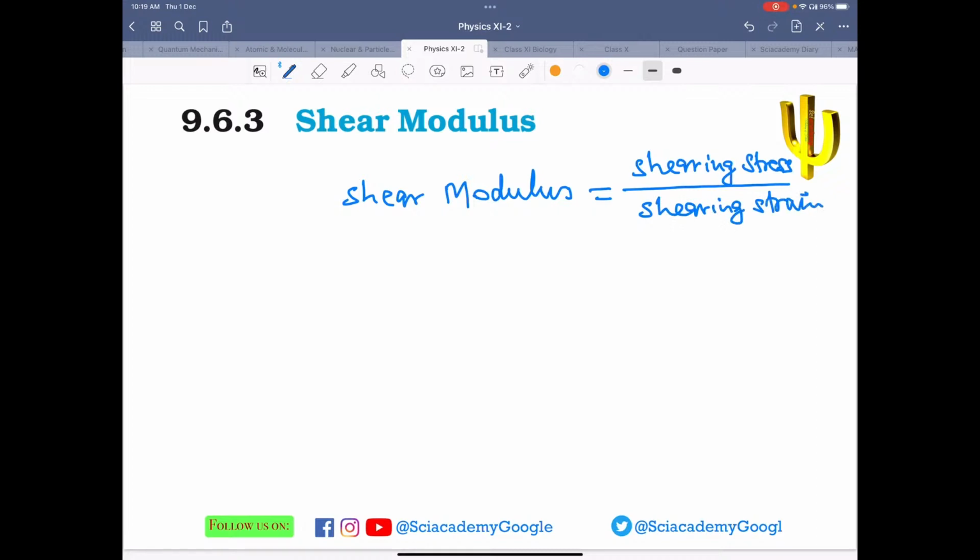We have already discussed the shearing stress and shearing strain. So this shear modulus is denoted by capital G.